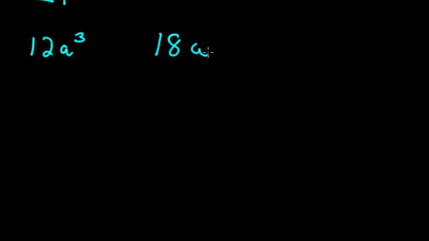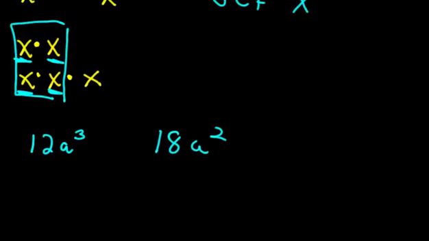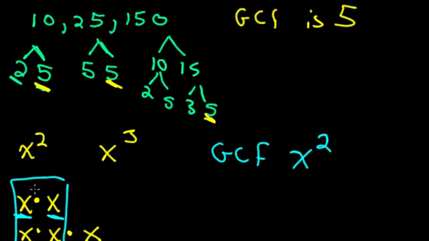Combining this, we can get 12a cubed as a term and 18a squared. Here's a pattern that we're going to see with variables: the greatest common factor is the lowest exponent.